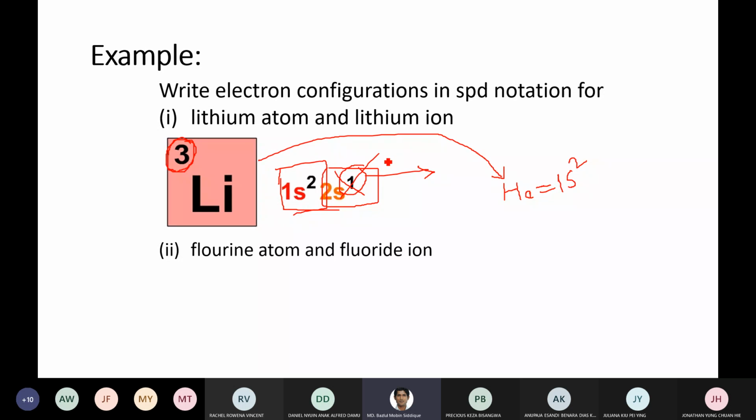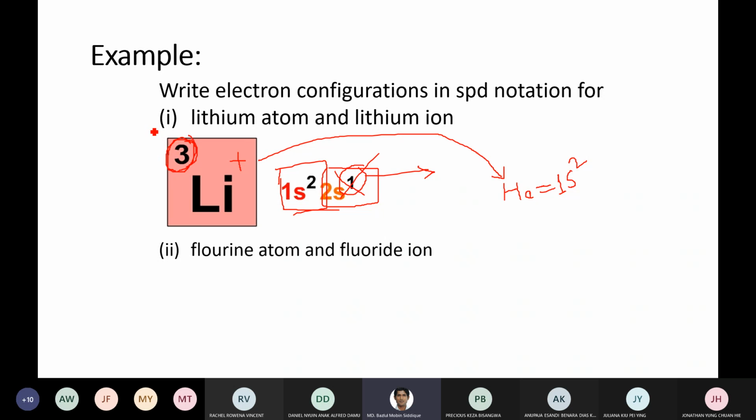So this is a very stable configuration, and that is why lithium always wants to attain it. To attain this, it has to release the 2s, that is 1 electron at the outer shell. When it releases this one, it becomes lithium positive.